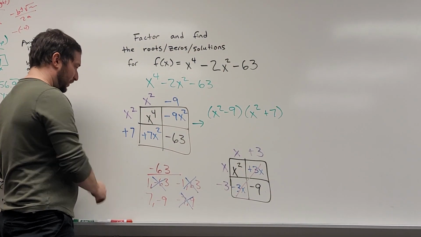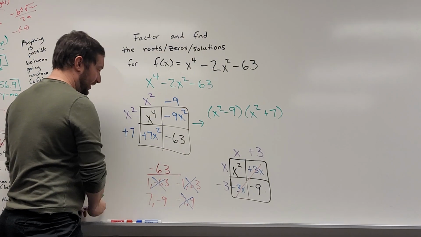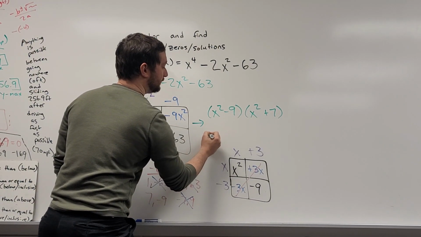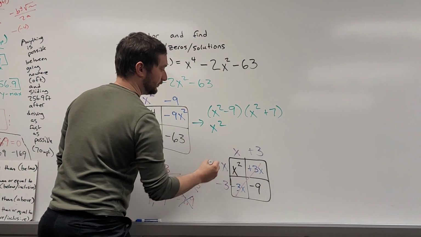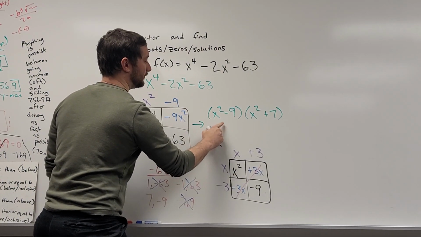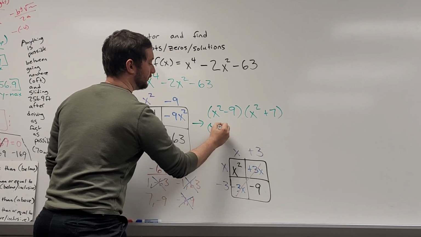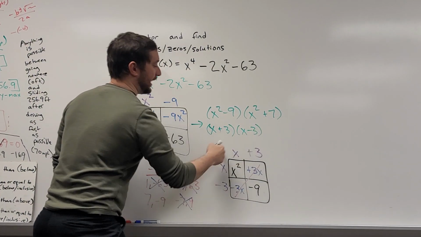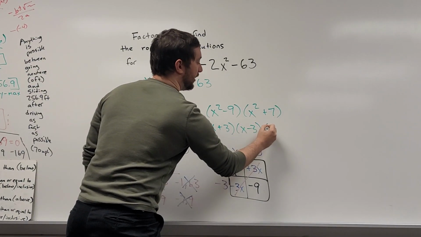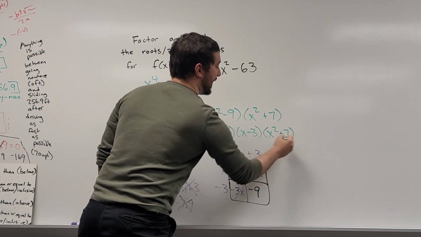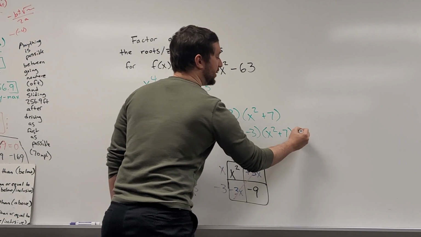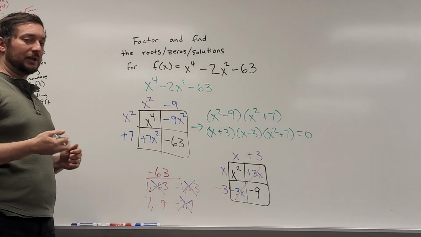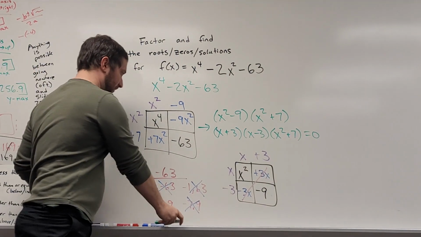And once we break down that parentheses, we are in a position at that point, x plus 3, x minus 3, x squared plus 7 that we had from earlier. We are now in a position to set everything equal to 0 separately, solve for our roots and zeros.